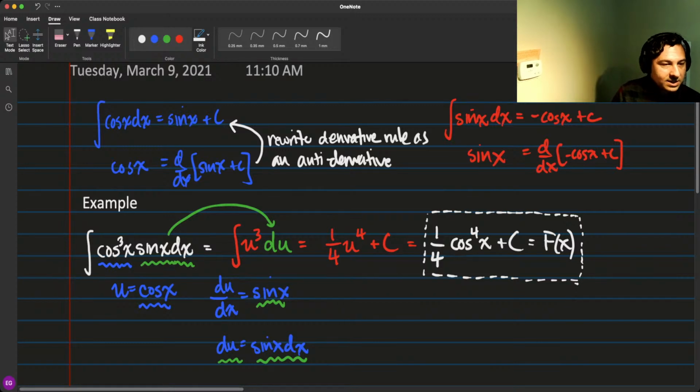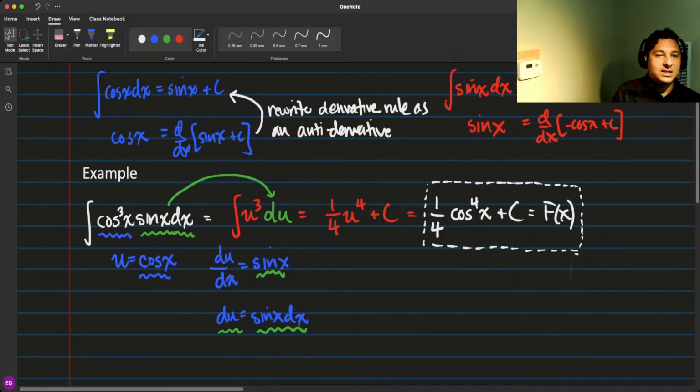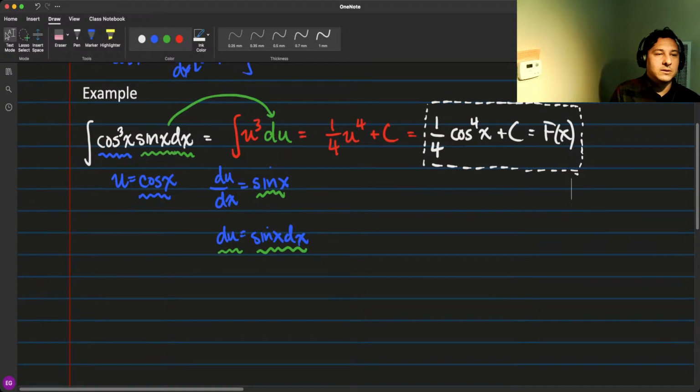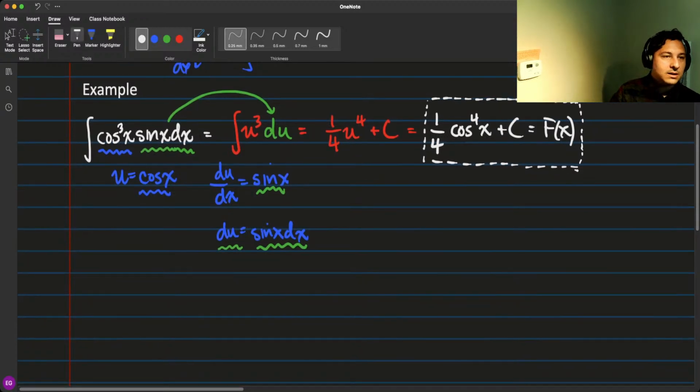And actually, what you notice is that there's a general pattern here. This will work as long as you have cosine to some power n times sine.